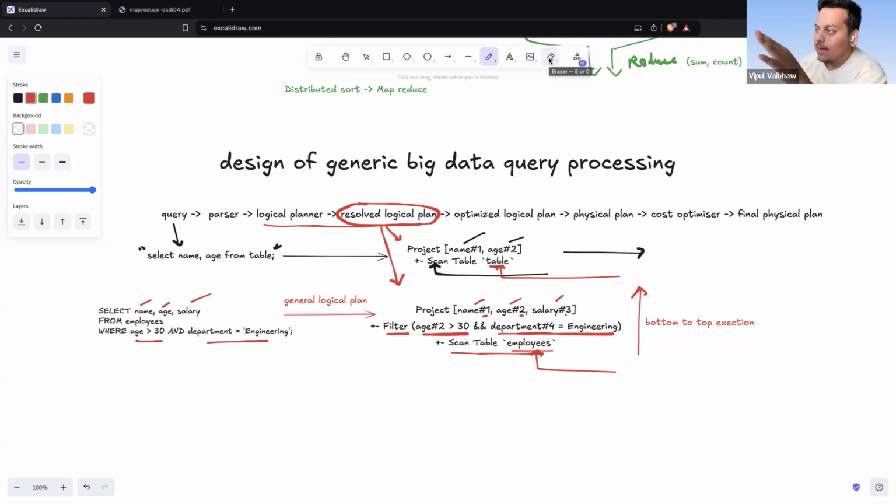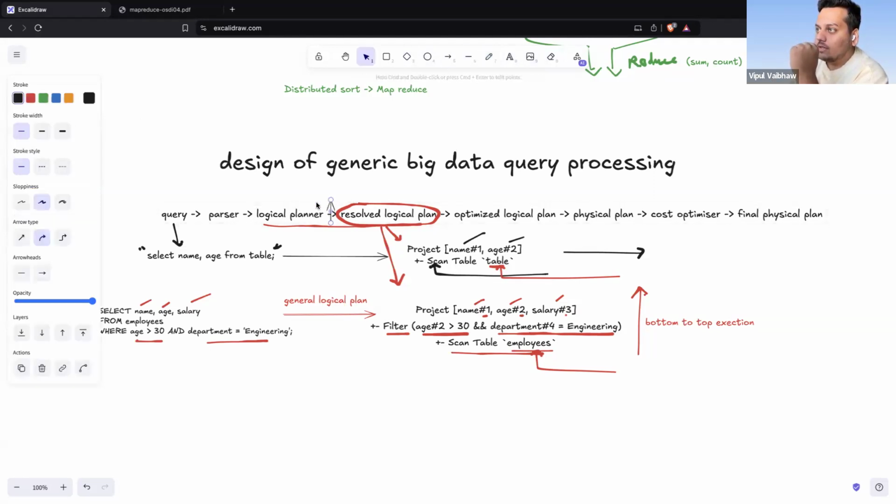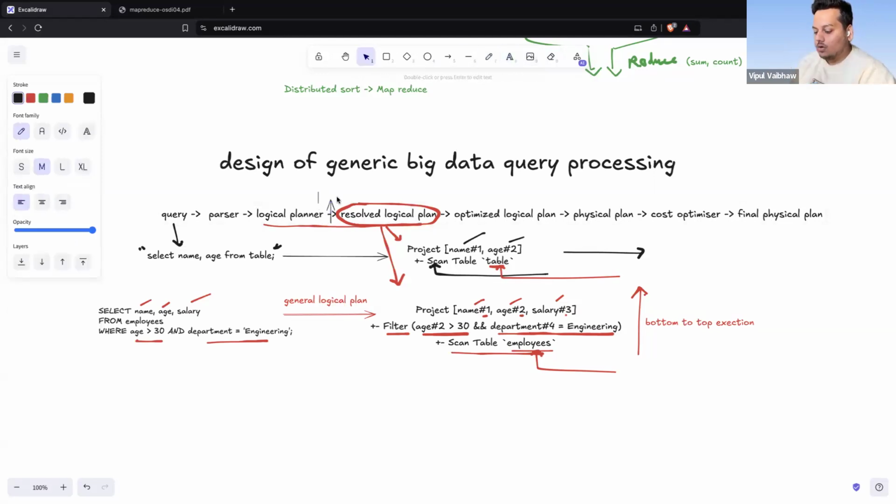That is what a resolved logical plan is: all the placeholder things generated by the general logical planner get resolved by the resolved logical planner, because there is one interaction which I missed, which happens in between, and that interaction is the catalog.